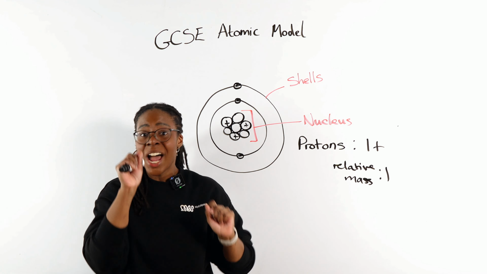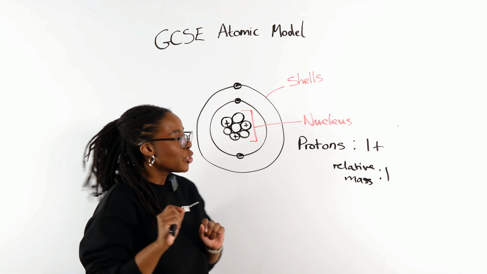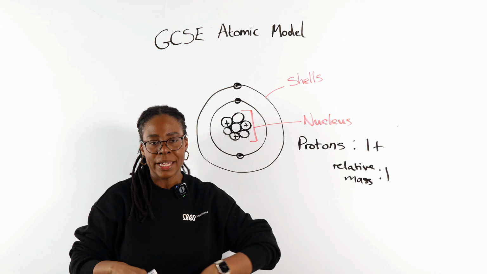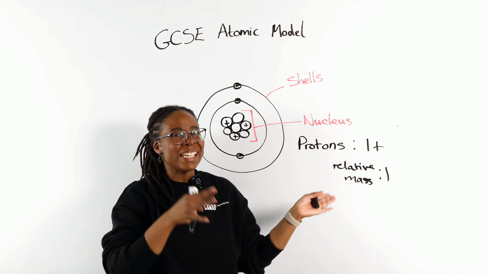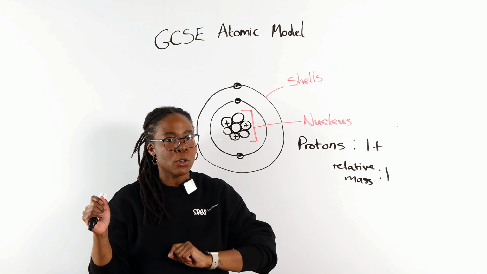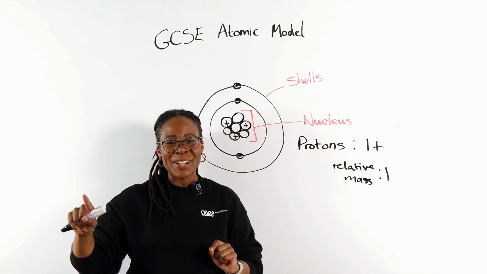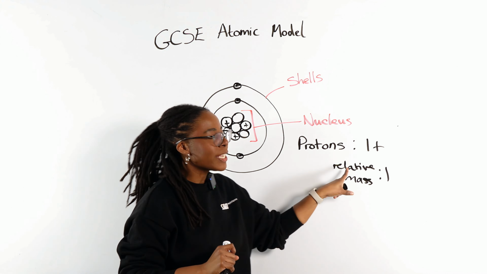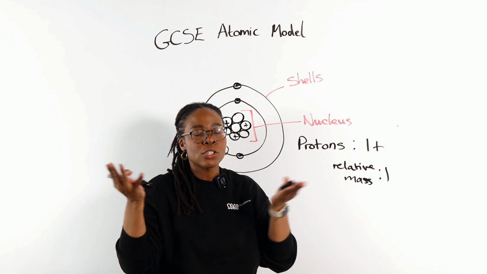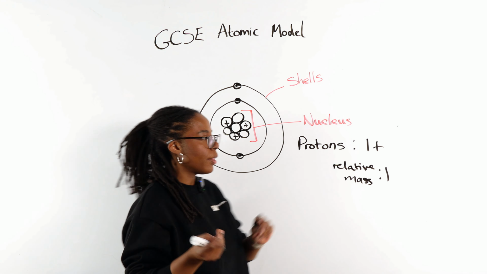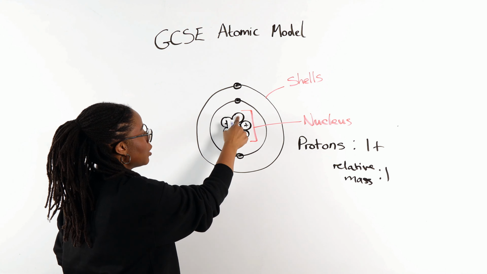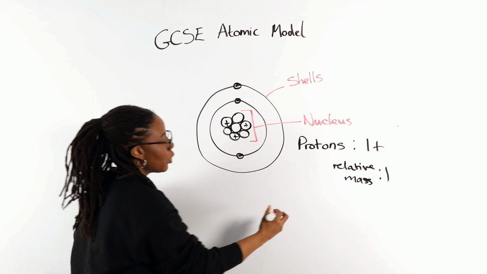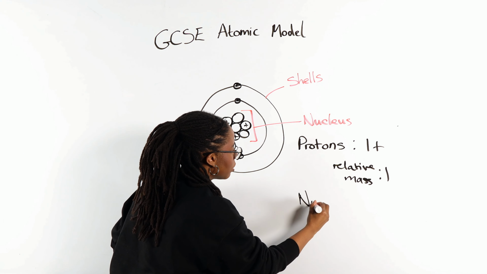Again, the reason that we call it a relative mass is because, as you'll know, atoms are tiny, they're beyond tiny. So really the mass of a proton is 1 × 10 to the minus something ridiculous. But to make it easy to compare our different subatomic particles against each other, we just say they have a relative mass of 1. So when we're comparing them against each other. The other subatomic particle within the nucleus, so these ones that I've left blank, those are the neutrons.